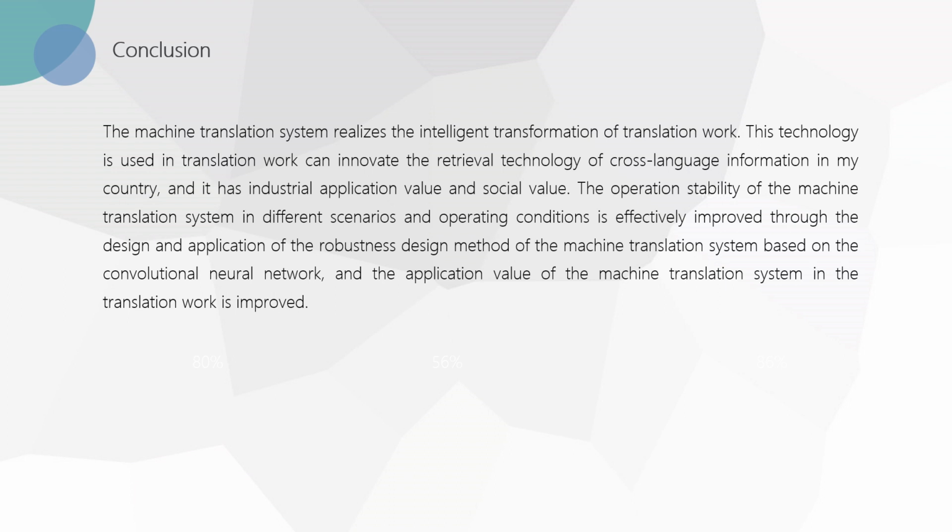The operation stability of the machine translation system in different scenarios and operating conditions is effectively improved through the design and application of the robustness design method of the MT system based on the convolutional neural network, and the application value of the machine translation system in translation work is improved.